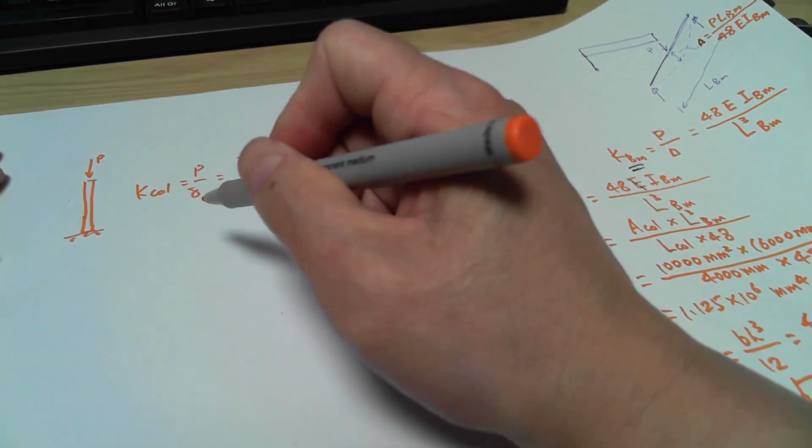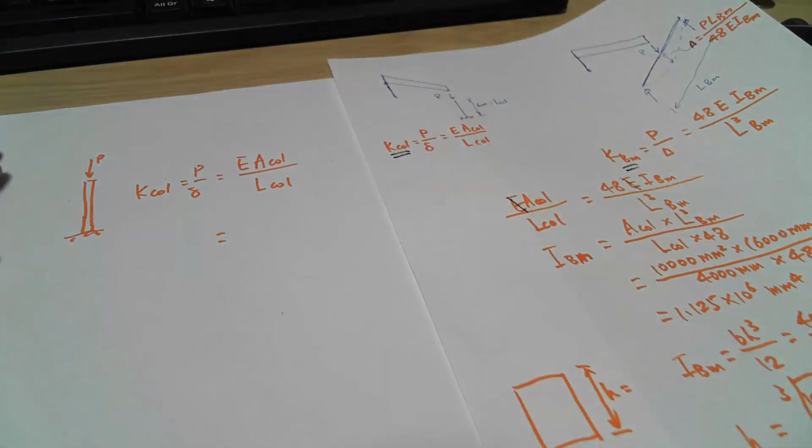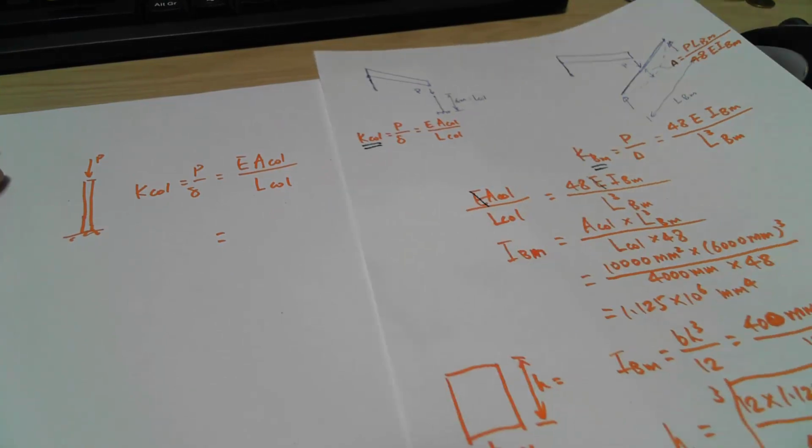Which means that should equal the Young's modulus of the column, which we have recorded in the previous data sheet.